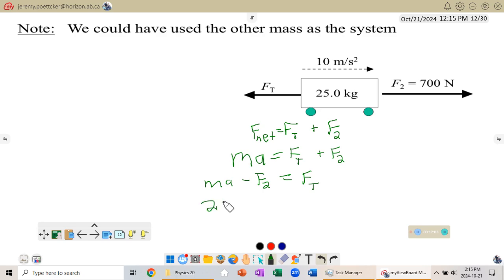The mass was 25.0 kilograms. My acceleration is 10 meters per second squared, and again, remembering from the first part, it's actually 10.0, even though I haven't recorded it up at the top with the correct number of sig digs. Minus, now this is 700 newtons to the right, and right we've said is positive, so minus 700 newtons is equal to Ft.